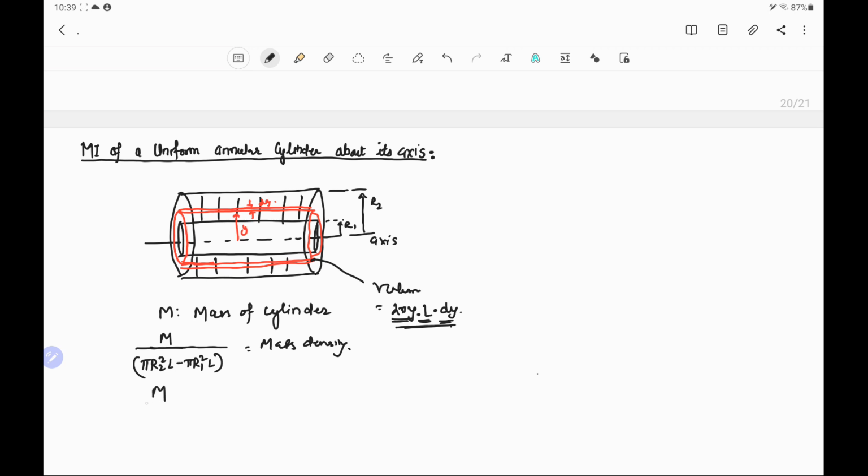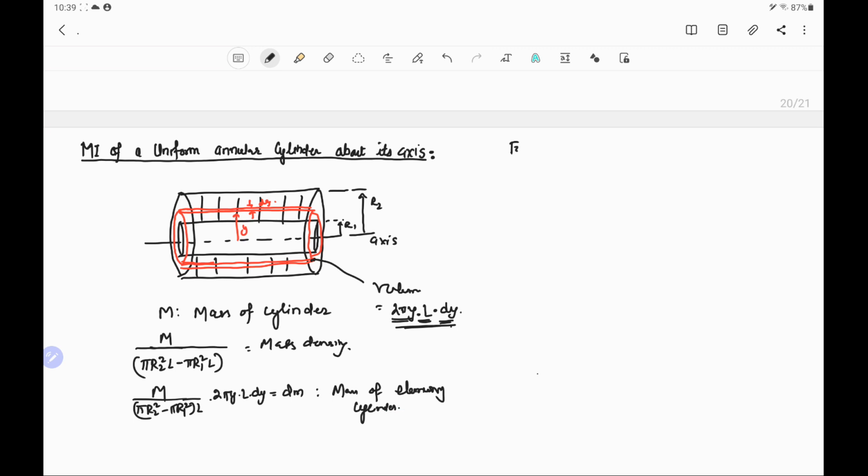Therefore, the mass of this elementary cylinder will be M divided by pi R2 square minus pi R1 square, L is common, it will be taken out, multiplied by the volume, that is 2 pi y into L dy. This is the mass of the elementary cylinder.